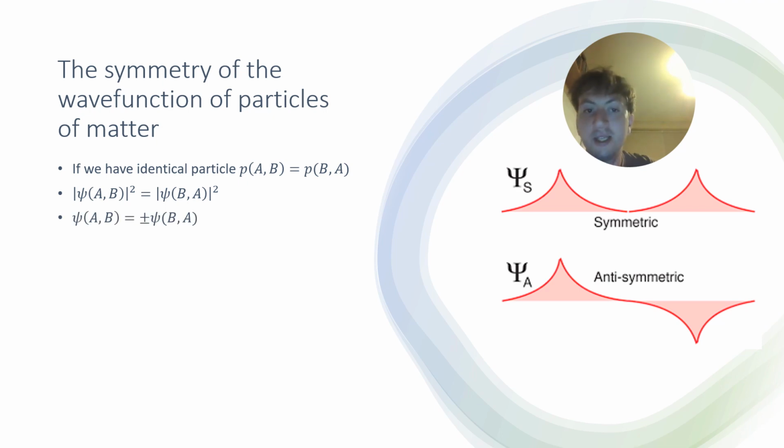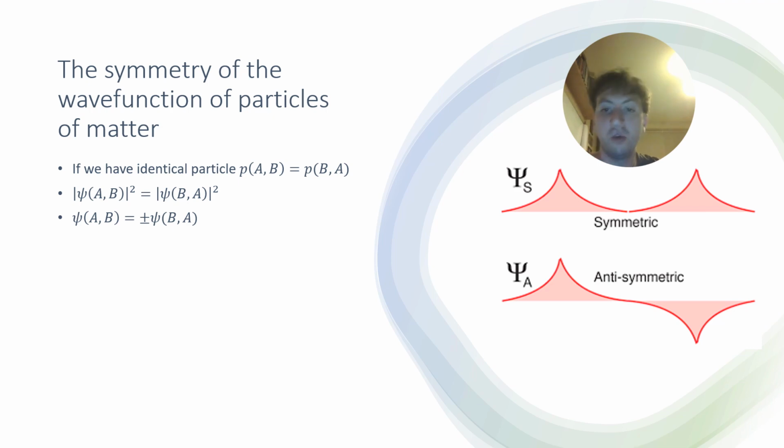And to satisfy this kind of expression with squares of wave functions, it must therefore be the case that the wave function for particle A being in position 1 and particle B being in position 2 is plus or minus the wave function for particle B being in position 1 and particle A being in position 2.